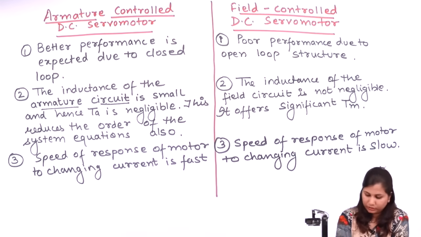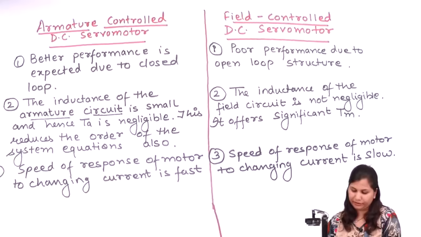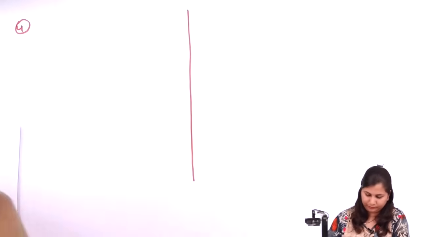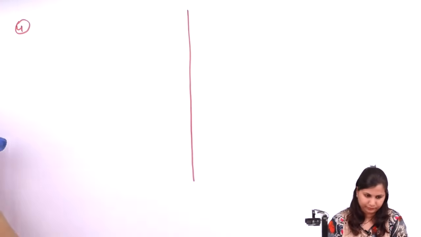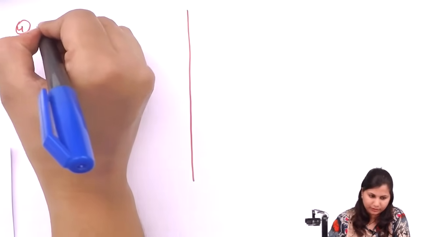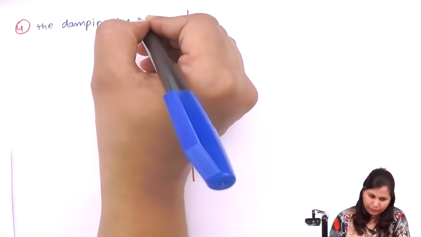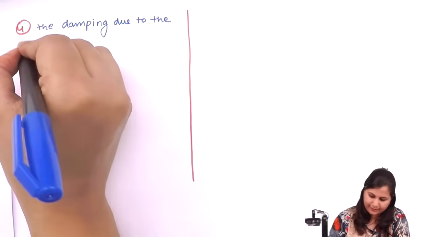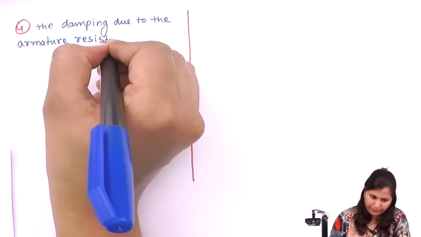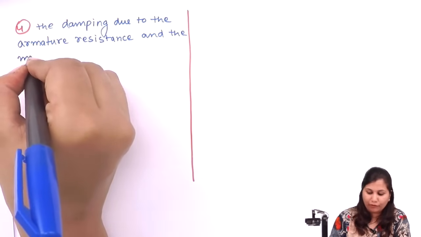Okay. Now the last difference between the armature and field control DC servo motor is that in the armature control DC servo motor, there is damping due to the armature resistance and the friction of the motor.